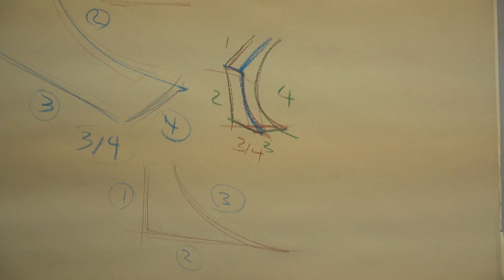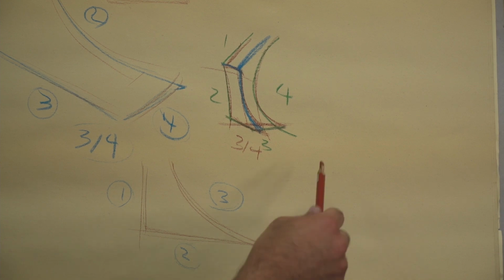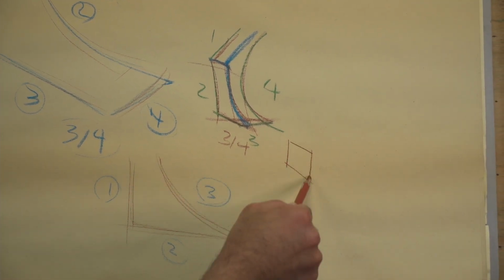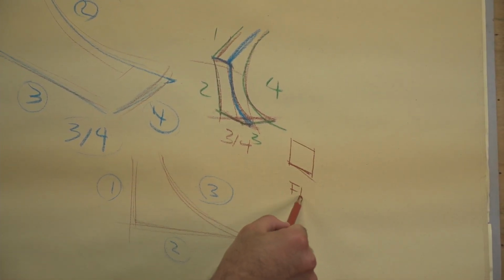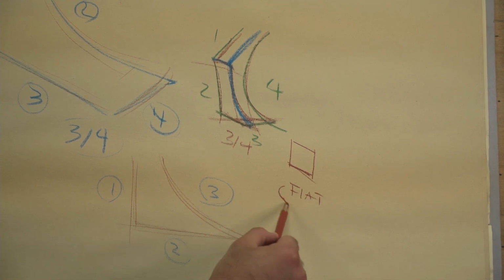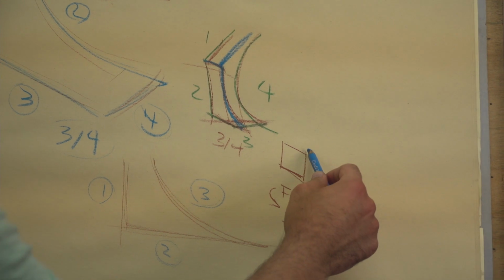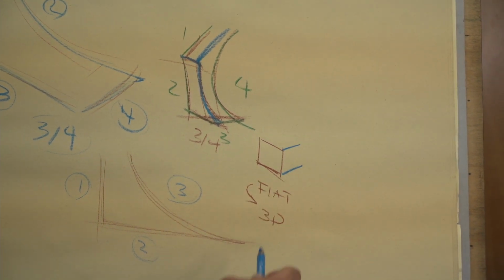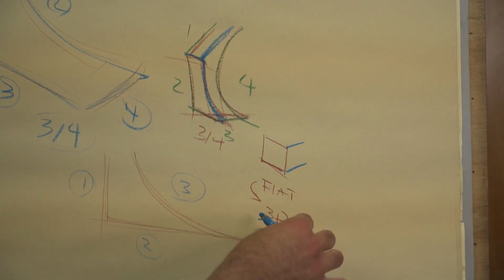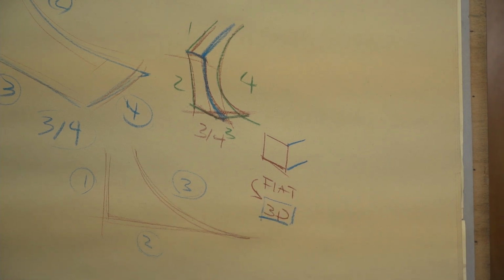So it's similar to drawing a cube, because if I just draw a square like this, it's flat. But if I want to make it 3D, I just need to add other lines to it. Why do we say 3D? Because it's showing us 3 dimensions.